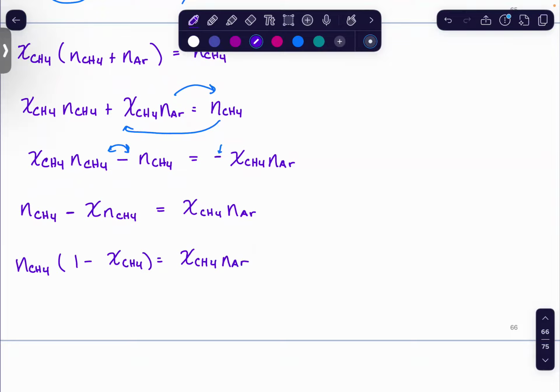Then I'm going to divide through. I'm going to get moles of CH4 equals mole fraction of CH4 times moles of argon, over 1 minus chi, and I can plug numbers in here.